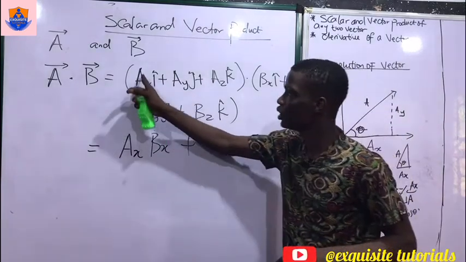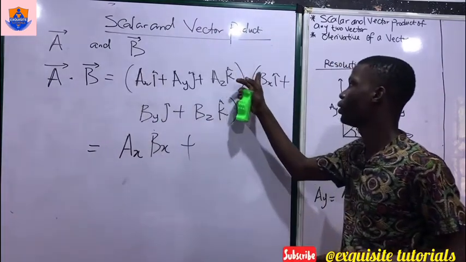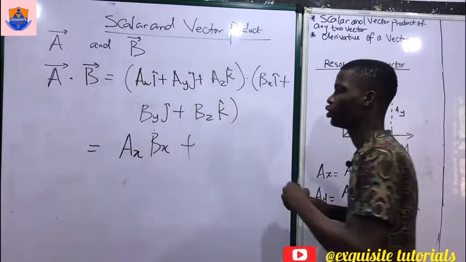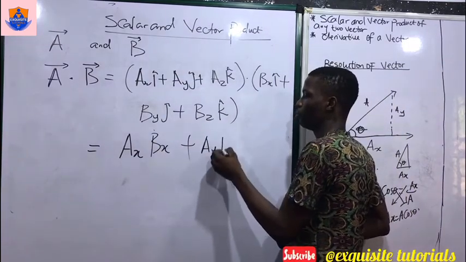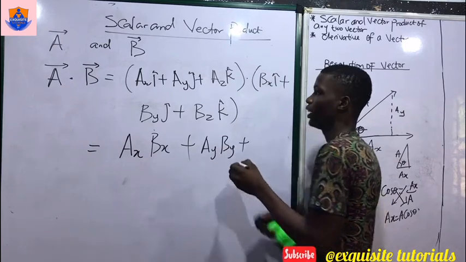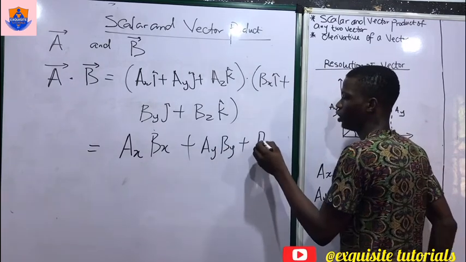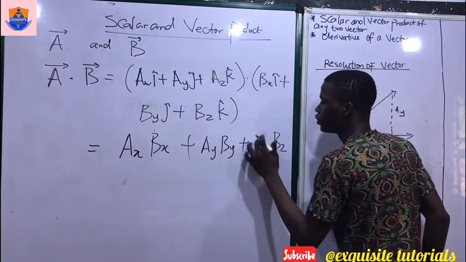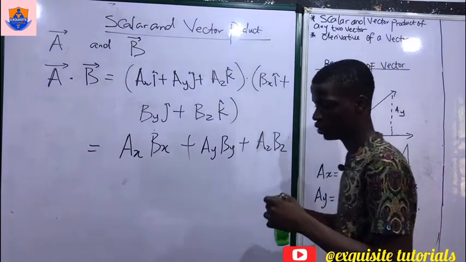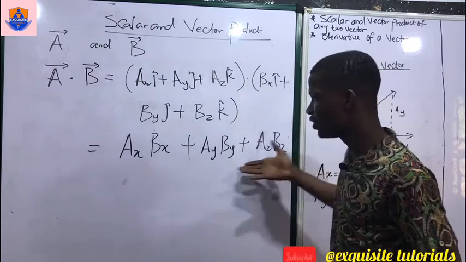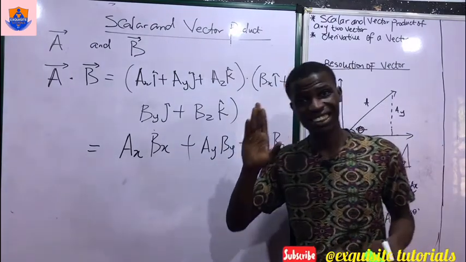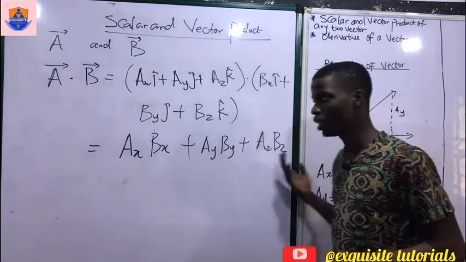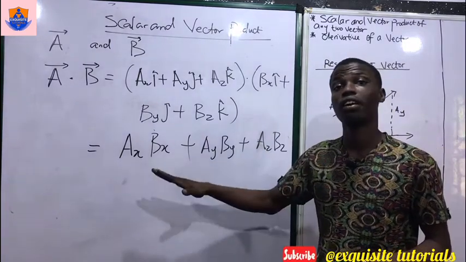So you are dot producting A of x and B of x, which gives A of x B of x, then my A of y and B of y gives A of y B of y, then my A of z and B of z gives A of z B of z. If you look at this value, like I said, since it's a scalar product, the value it gives you is a scalar value.